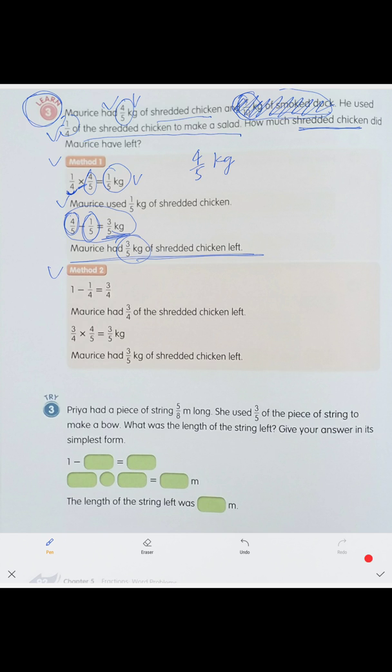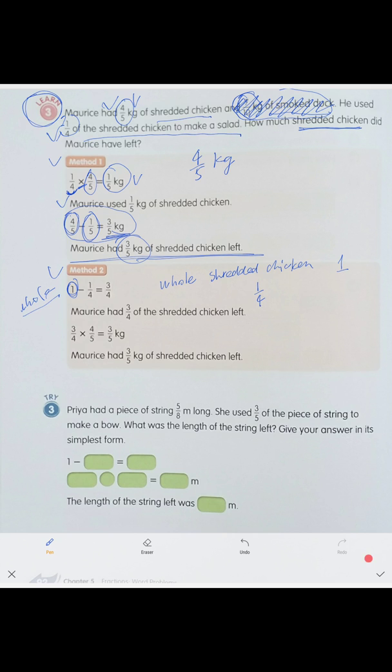Okay, method number 2. Here they show you the whole, everything that he has. Whole shredded chicken, right? Everything that he had, they show as one whole. And now he used a part of it.